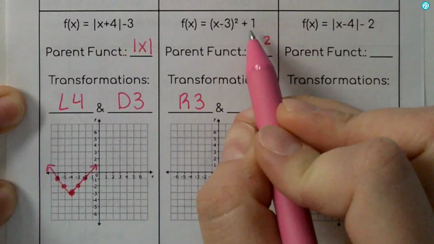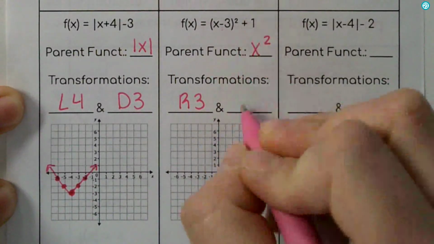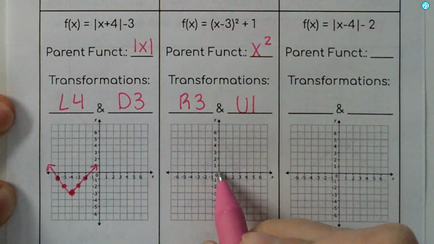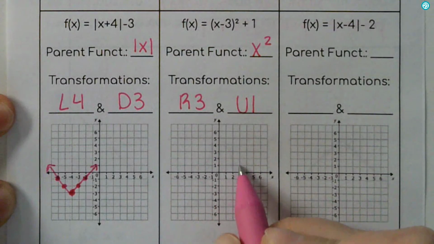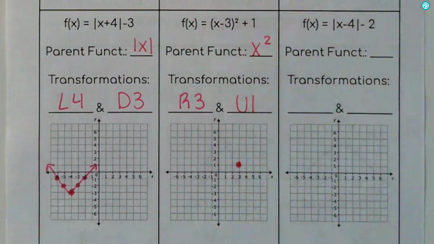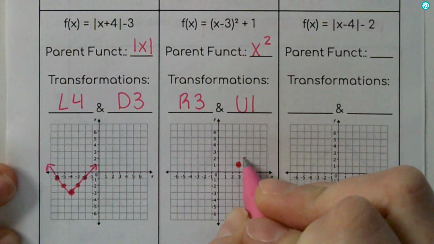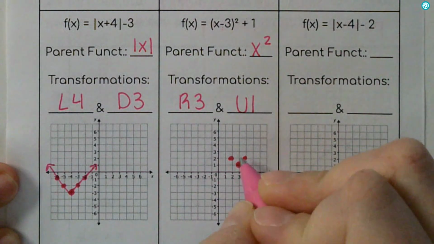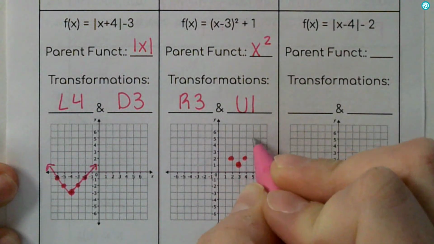Up 1, because it's adding outside. So up 1. So we are going to take our function, start at 0, 0, move it right 3, and up just 1. And then we need to make our x squared shape graph. So up 1, out 1 from each of those, and then up 3, out 1 from each of those.